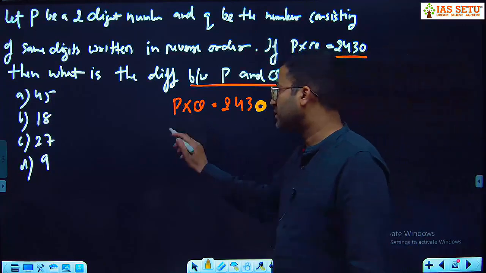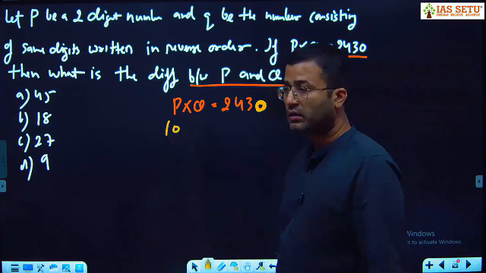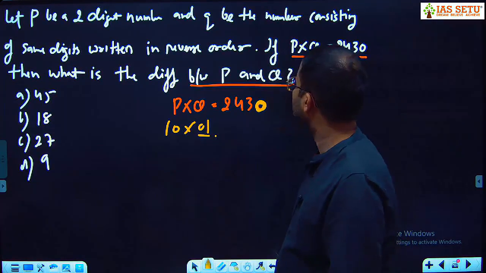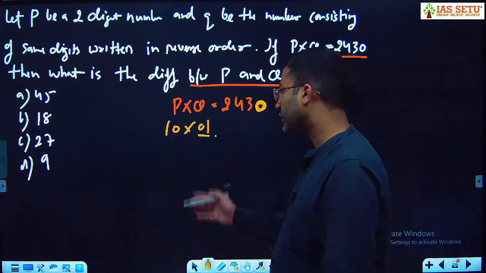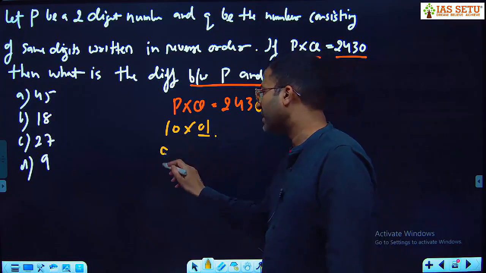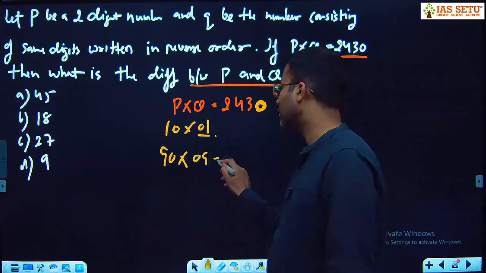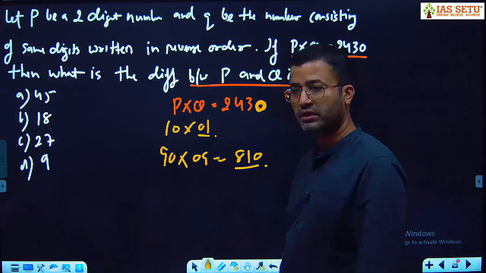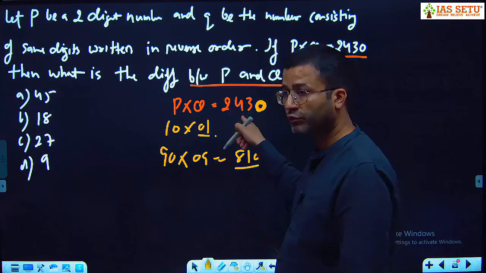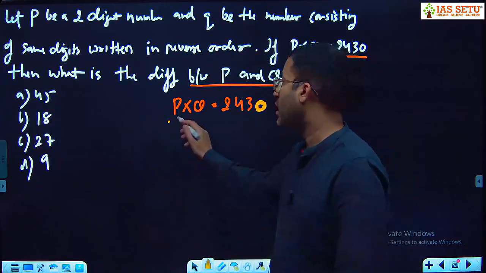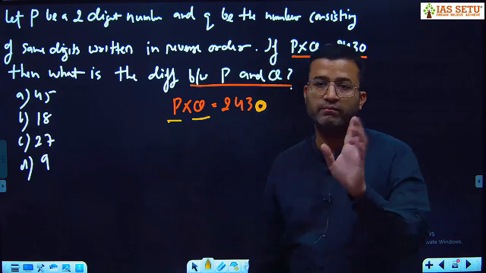So this P can be 10, but when you reverse it, you get a single-digit number. Or it is not possible: 10, 20, maximum 90. When you reverse 90, you get 9. So it means 810, which is wrong because it has to be 2430. So the observation here is that out of P and Q, one number is a multiple of 5.